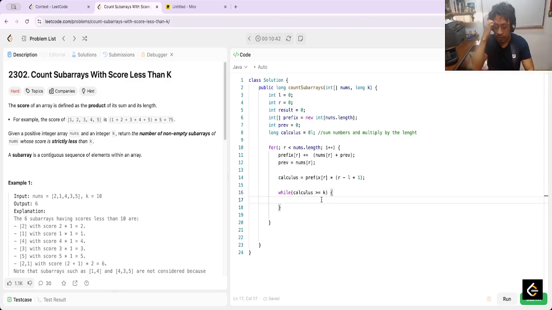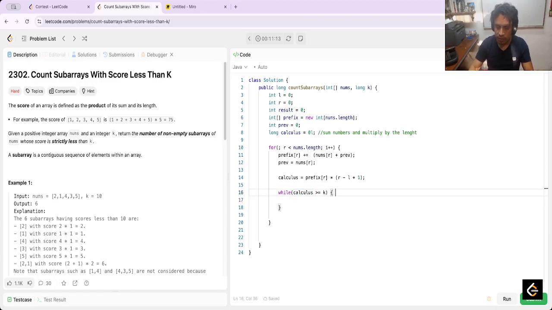The way to reduce is to have two pointers, the left pointer and the right pointer. When it's greater than or out of the target number, I move the L pointer, trying to discover up to which point the condition is false.